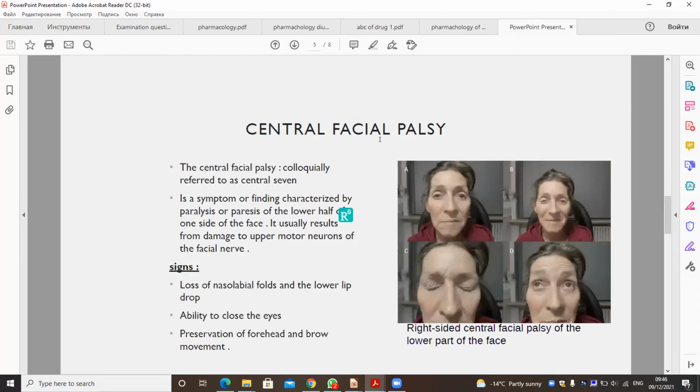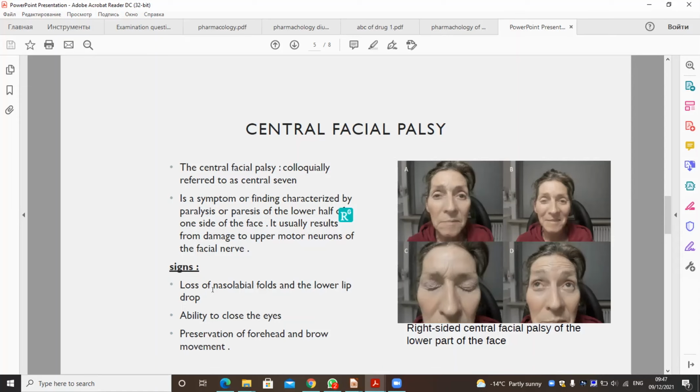Central facial paralysis is a finding characterized by paralysis of the lower half of one side of the face. It usually results from damage to the upper motor neurons of the facial nerve, and we can observe signs of it.